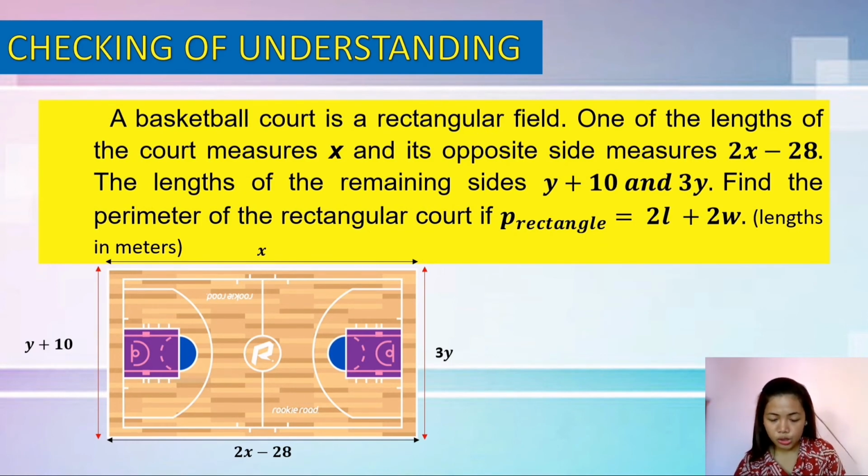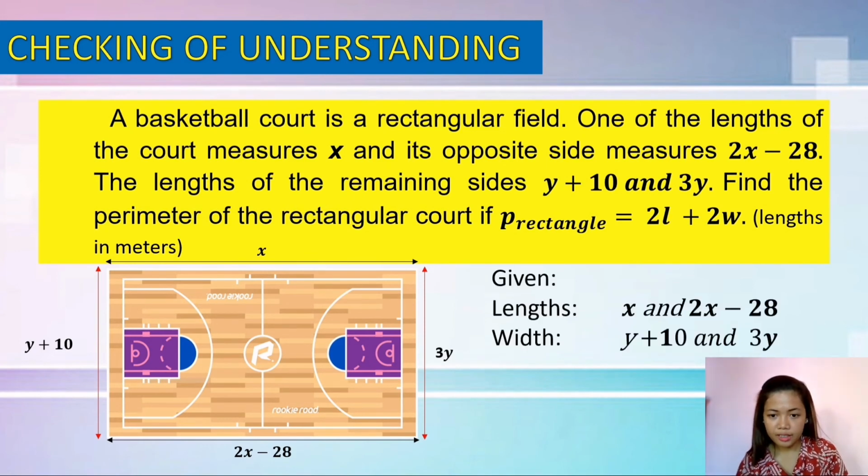The given dimensions are x and 2x minus 28 for the lengths, and the remaining sides, also opposite each other, are y plus 10 and 3y for the widths.